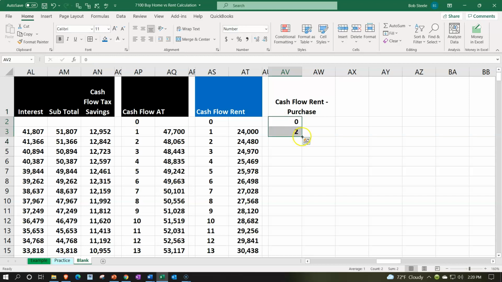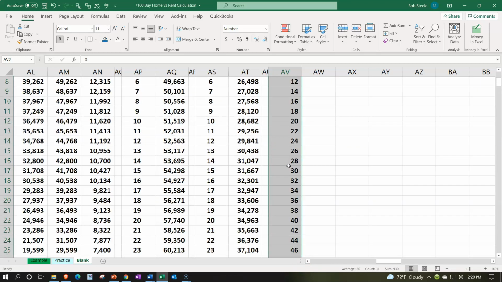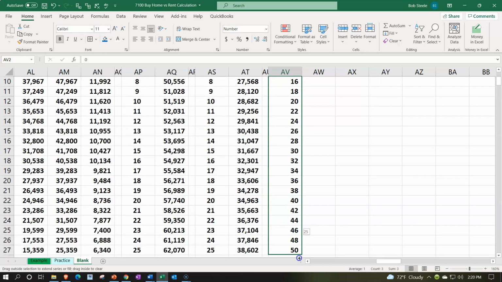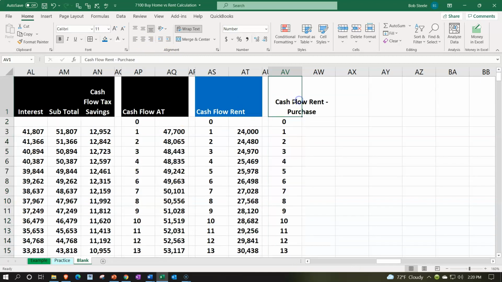Let's copy this down to 30. Hold on a second. This should be 0, 1, 2. Copying that down. So there we have it. All right. And then we're going to center this. And this is going to be like a combo.